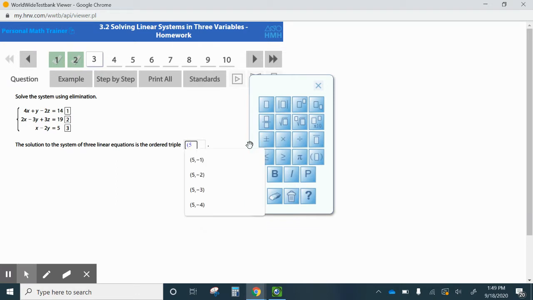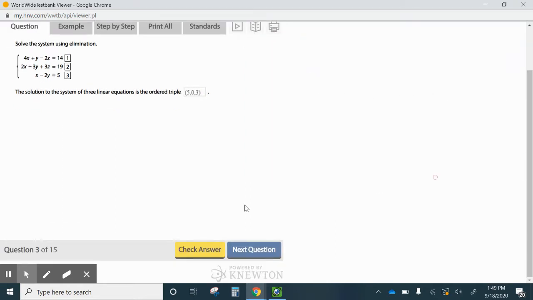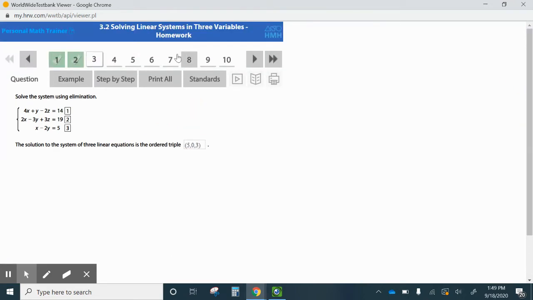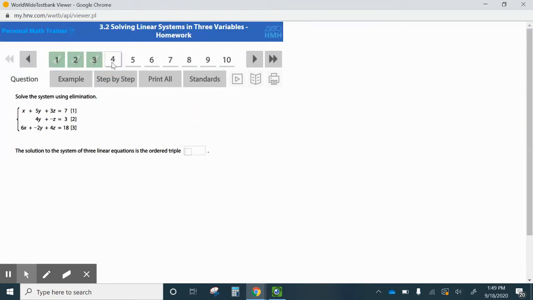All right, question number 4. Then we're going to solve by elimination. So I'm going to start by writing this system down. So x plus 5y plus 3z equals 7.